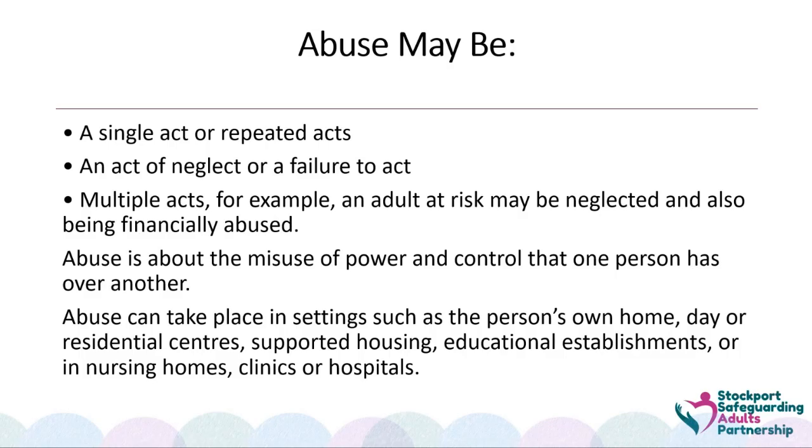Abuse is about the misuse of power and control that one person has over another. It can happen in settings such as the person's own home, a daycare centre, a residential centre, supported housing, educational establishments, or in nursing homes, clinics, or hospitals.